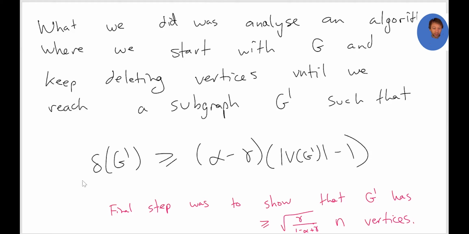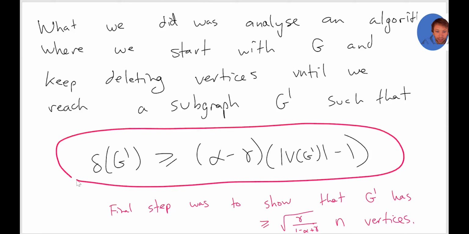Pretty much the only thing you can do is delete a vertex of small degree. Because if you don't, your degree won't go up. A vertex of smallest degree is the best thing to delete. And we're analyzing this algorithm and saying, we stop at the first time we get a subgraph which satisfies this condition.